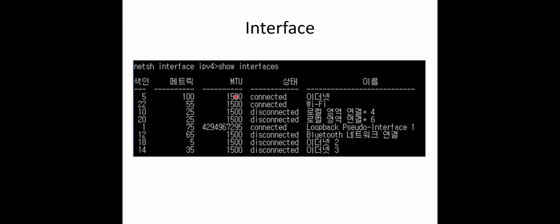Okay, so nothing really special, but we see that the MTU size of the loopback interface is quite large. It's 4 gigabytes. It is not surprising because the loopback is a special interface that only exists as the kernel data structure without the corresponding hardware. Therefore, there is no limitation on the packet size imposed by the hardware.